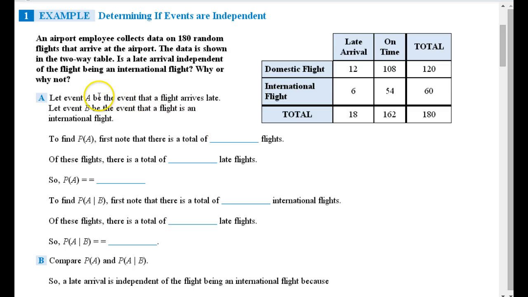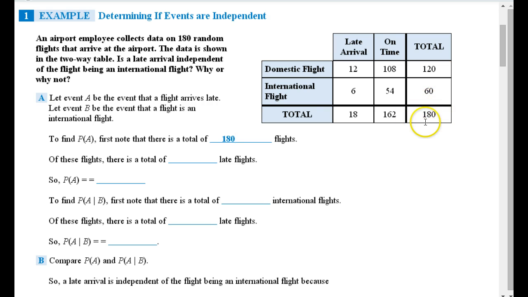It says, let event A be the event that a flight arrives late. So here is A, the late arrivals, right? First of all, we note that there are 18 late flights. That's event A. Oops, that's not the total.